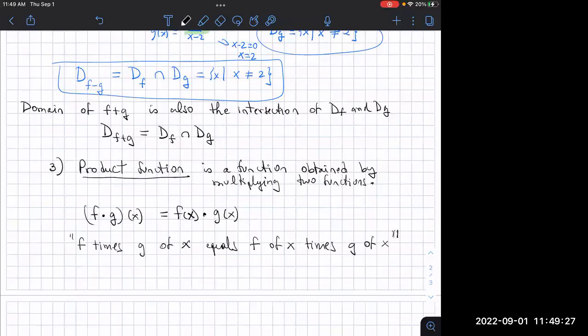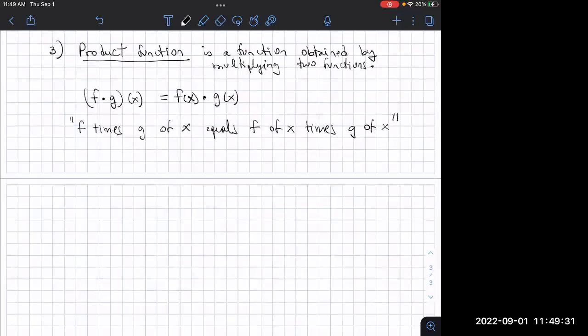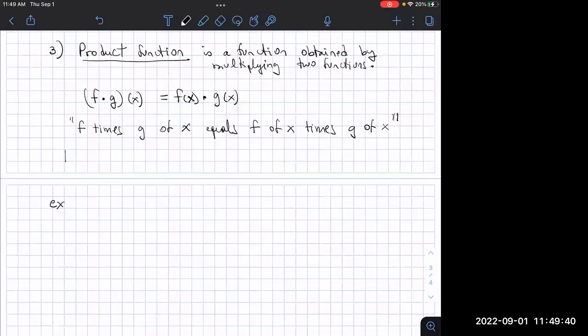So this times has to do with the multiplication. And the domain is also the intersection. So the domain of f times g is also the intersection of the domains of f and g, because you have to be able to get the number that represents f of x, the number that represents g of x, so that you can multiply them.